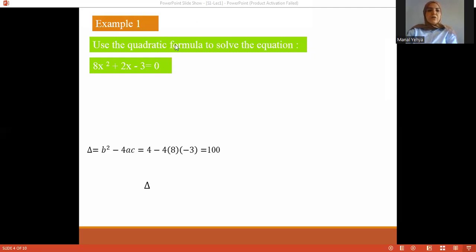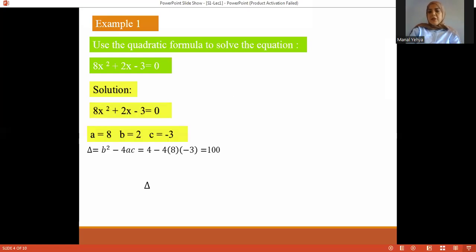The first thing you have to do is to find delta. First of all, A equals 8, B equals 2, and C equals minus 3. Delta is b squared minus 4ac, so it's 100. Delta is positive, right?